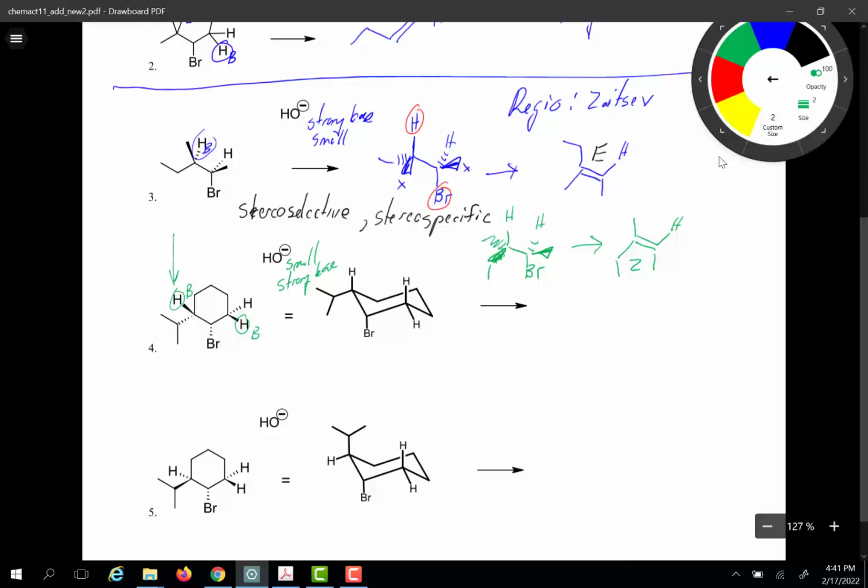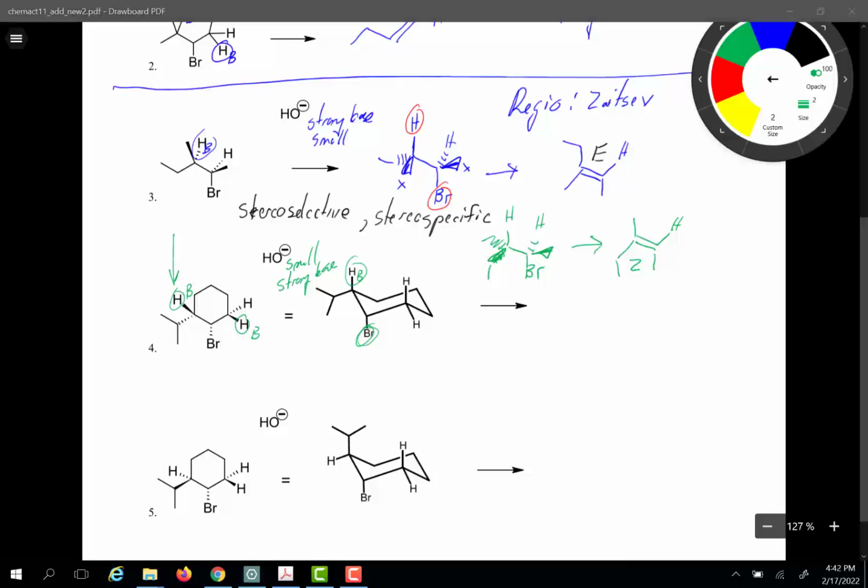And fortunately, it can be removed because it would be in a certain chair conformation 180 degrees from the leaving group. Here is that chair conformation I'm talking about. There's the beta hydrogen that can be removed. Here is the leaving group.